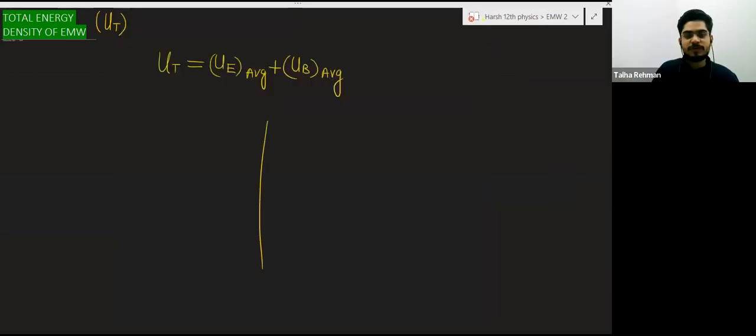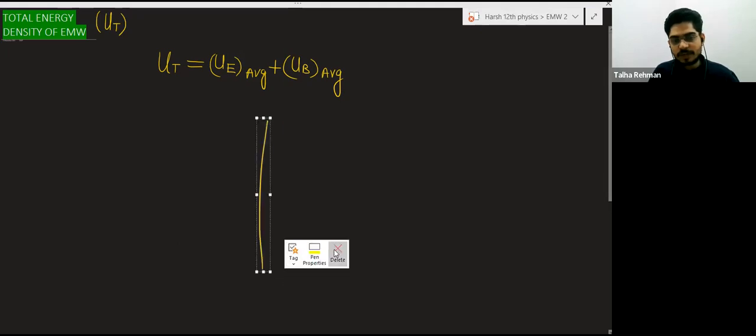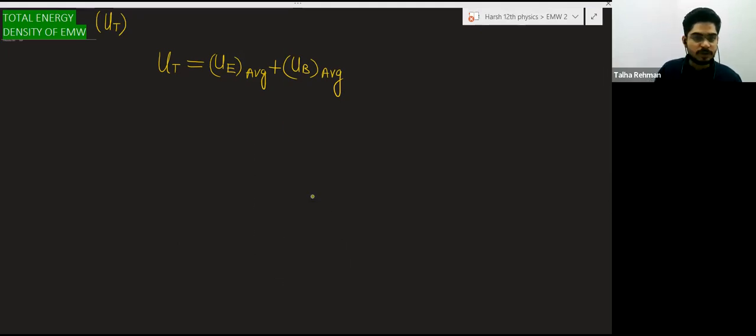So what we will do, first we will see whether both energy densities are equal or not. So we will check whether the energy density corresponding to the electric field is equal to the energy density corresponding to the magnetic field.